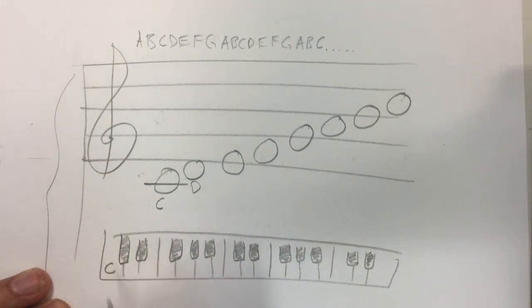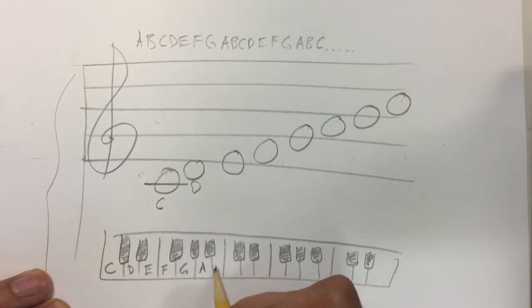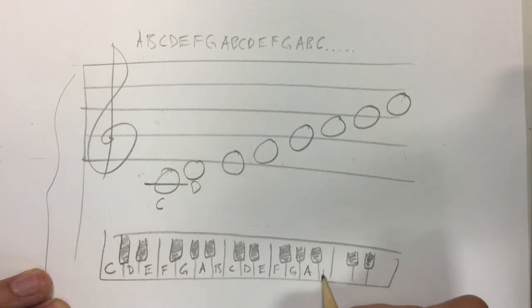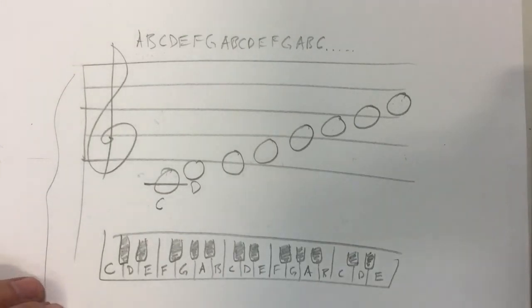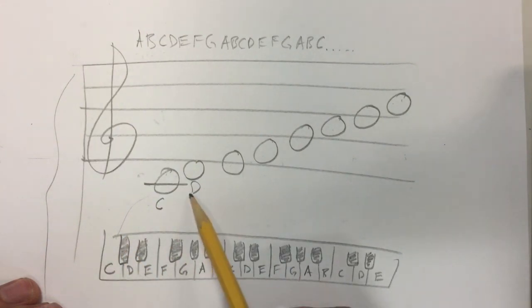This would be C. This would be D. This would be E, F, G, and then we'd start over. We call this one A. Call this B, call this C, D, E, F, G, and then it starts over, A, B, C, D, E, and I could keep on going up the line there. So this would be a C right here. This would be a D.